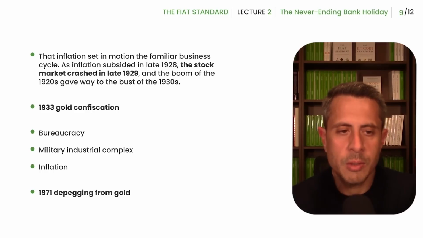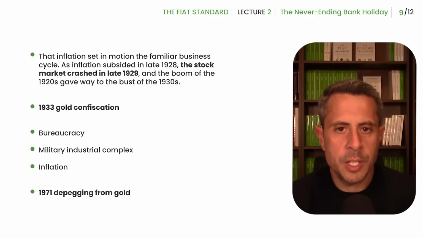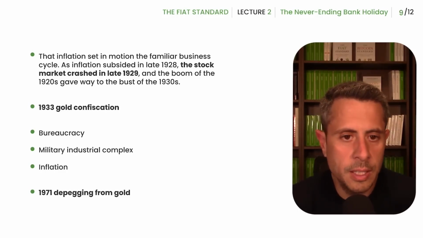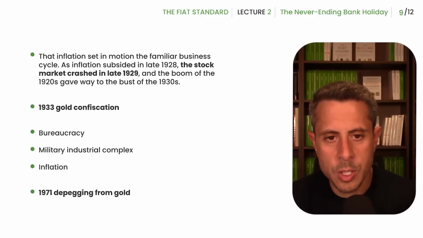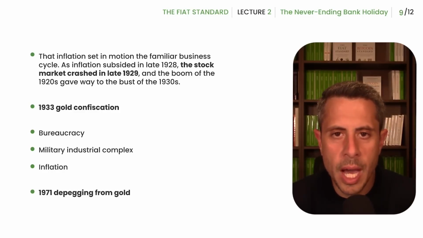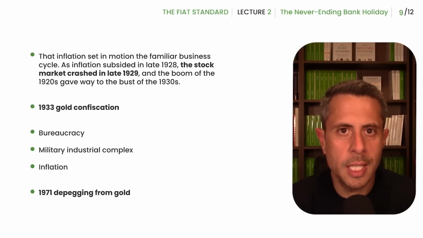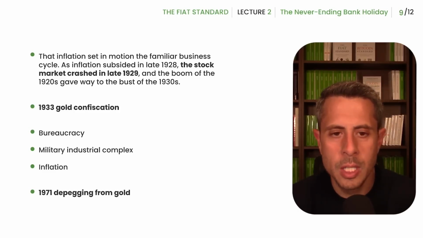It effectively increased demand for their currency. And then that inflation of the 1920s, caused by the gold exchange standard and caused by Britain pressuring the US to print more money, would cause the massive boom of the 1920s, and that would then result in the 1929 stock market crash and then the Great Depression of the 1930s.